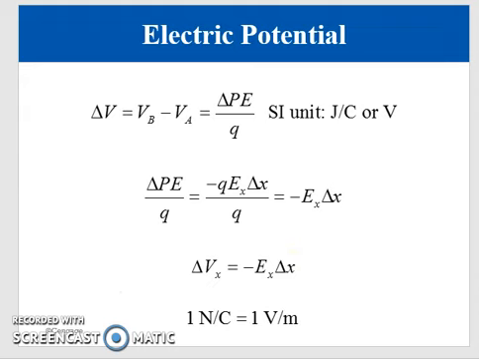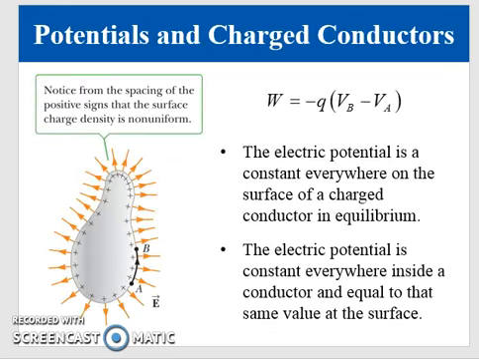If my conductor is at equilibrium and the potential is the same everywhere, then there is no change in the potential anywhere on or in the conductor. And as a result, inside the conductor, the electric field must be zero. Because delta V is zero, E must be zero. So inside a conductor, the electric field is zero once the conductor is charged and has reached its equilibrium value. That's a very, very important point that we need to drive home.